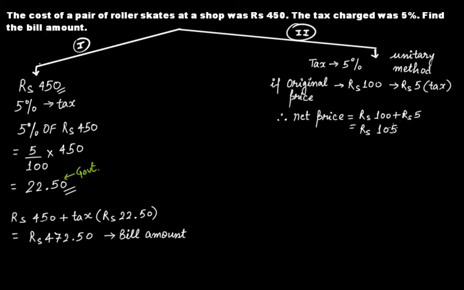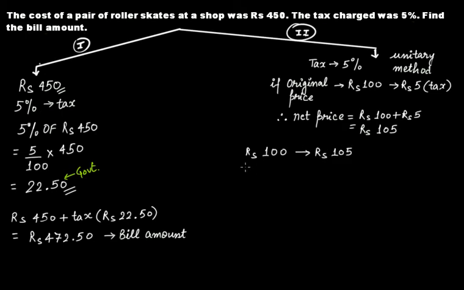This tells you that if your tax is 5%, it means that if your original price is rupees 100, the tax charge will be rupees 5. Therefore, the net price, that is the new price, will be rupees 105. So if your original price is rupees 100, then after applying this tax, the customer will have to pay rupees 105.